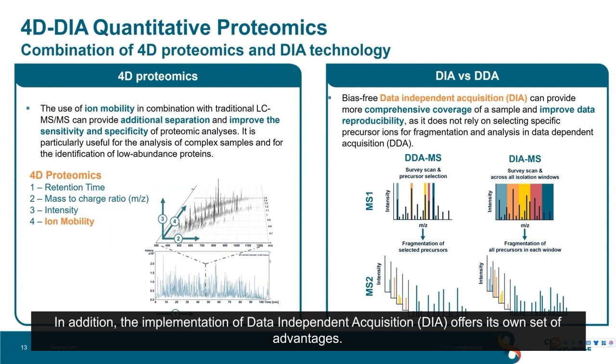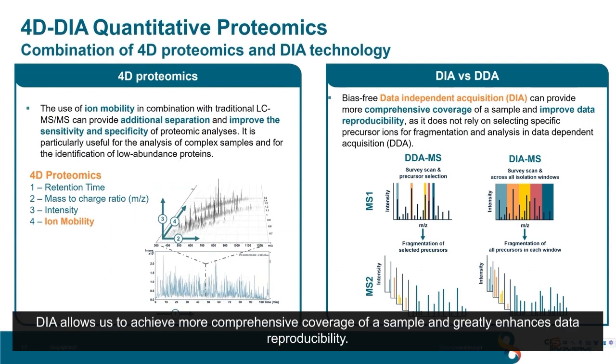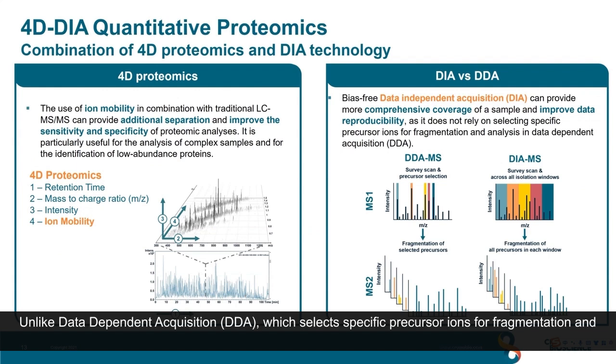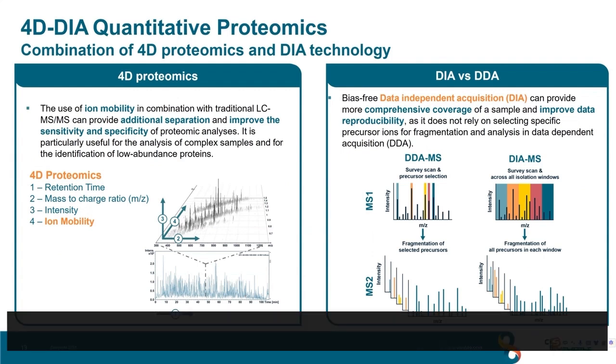In addition, the implementation of data-independent acquisition, DIA, offers its own set of advantages. DIA allows us to achieve more comprehensive coverage of our sample and greatly enhance the data reproducibility. Unlike data-dependent acquisition, DDA, which selects specific precursor ions for fragmentation and analysis, DIA captures and analyzes all ions in the wide m/z range.